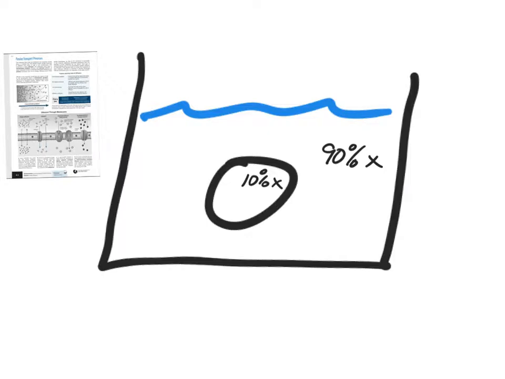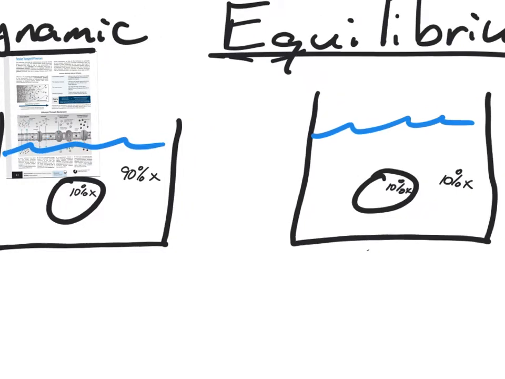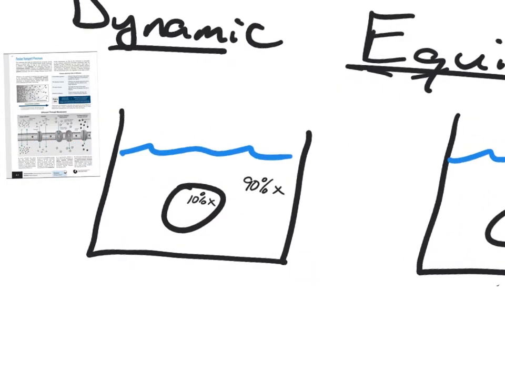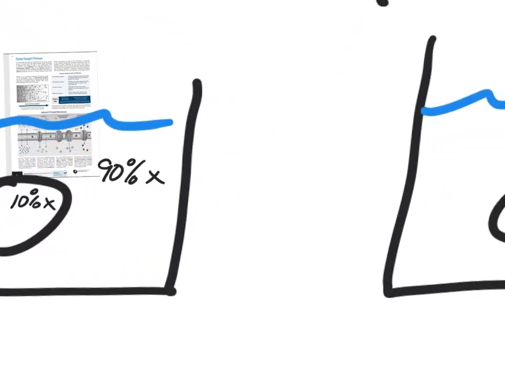Well, let's not use the word overpower. If you've got 90% out here, there's more stuff out here, and so it's going to move in more than it's moving out. Some is going to move out, but more is going to go in, correct? So what's the net direction? Into the cell. So the solute would go in, because there's more outside than there is inside.